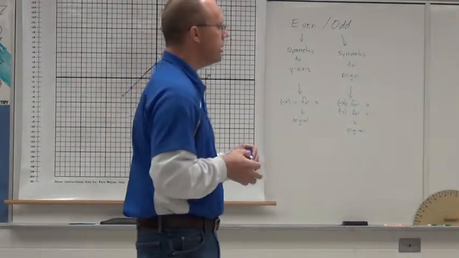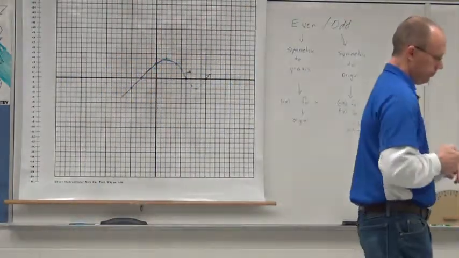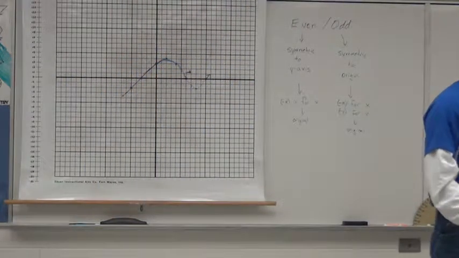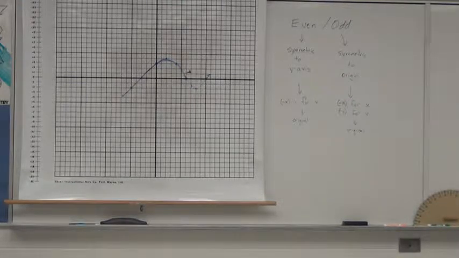Okay, 3-3 for Monday. Test Friday. Why are we skipping 3-6?